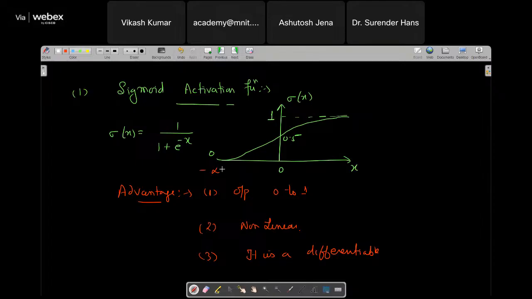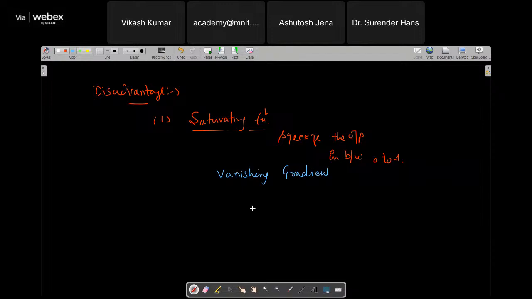Madam also explained this vanishing gradient. Let's say W is a weight. So W new is equal to W old minus eta times dou L by dou W, the partial derivative of the loss function with respect to the weight. If this gradient dou L by dou W is 0, no update takes place, meaning no training is done. Here eta is the learning rate, and in this case W new will be equal to W old.